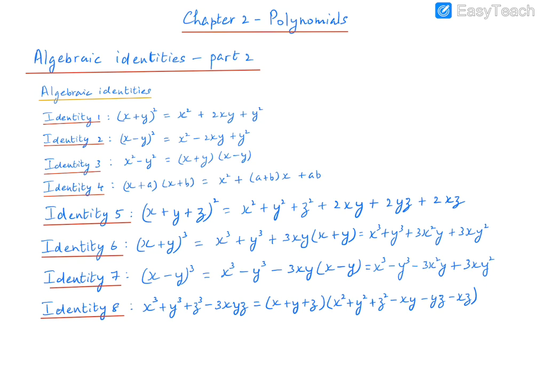And then the final identity has this form, which is x cubed plus y cubed plus z cubed minus 3 times xyz, and that can be written as x plus y plus z multiplied with x squared plus y squared plus z squared minus pairs of those variables, minus xy minus yz minus xz. So each of these variables appears in pairs: x and y together, y and z together, and x and z together.